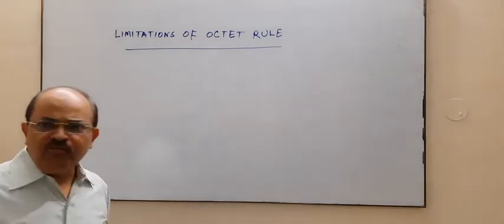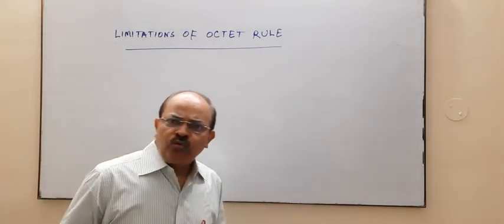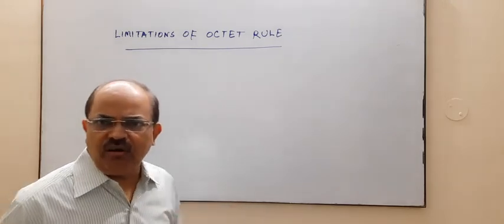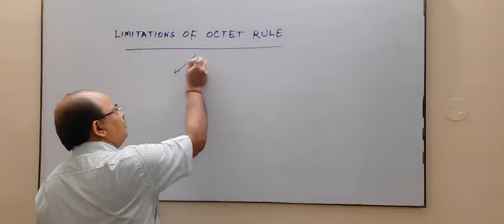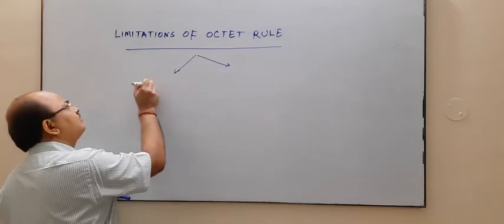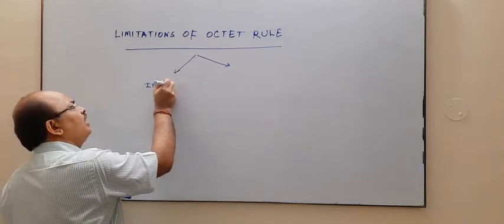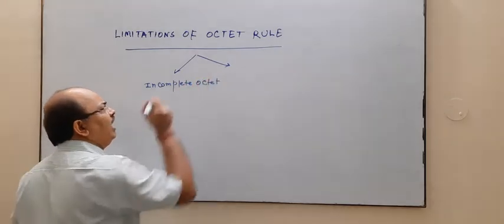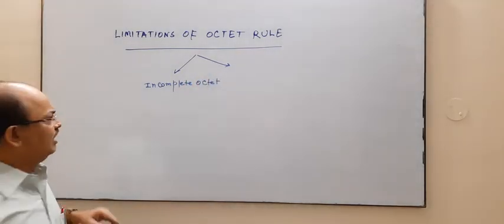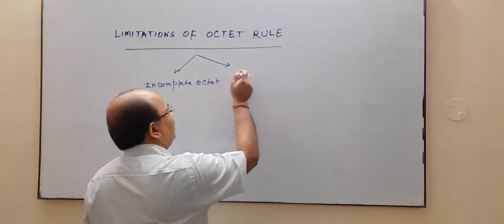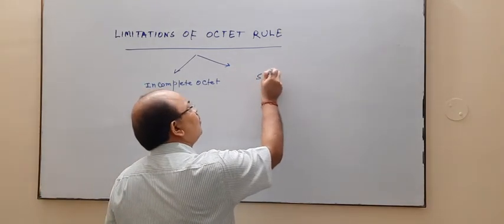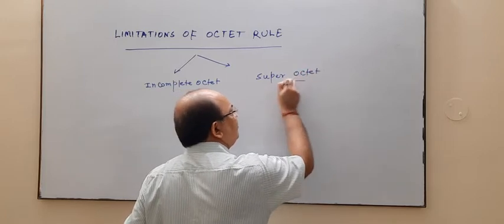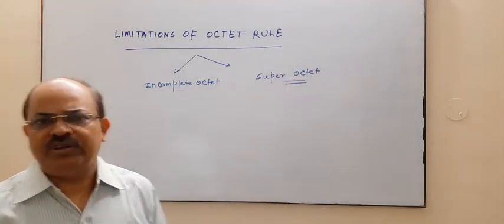Now, compounds which are not following the octet rule are basically of two types: one having incomplete octet, and another having super octet.